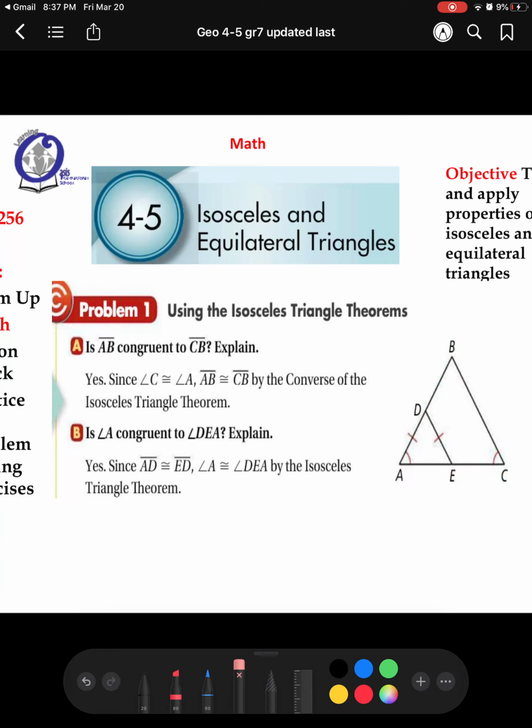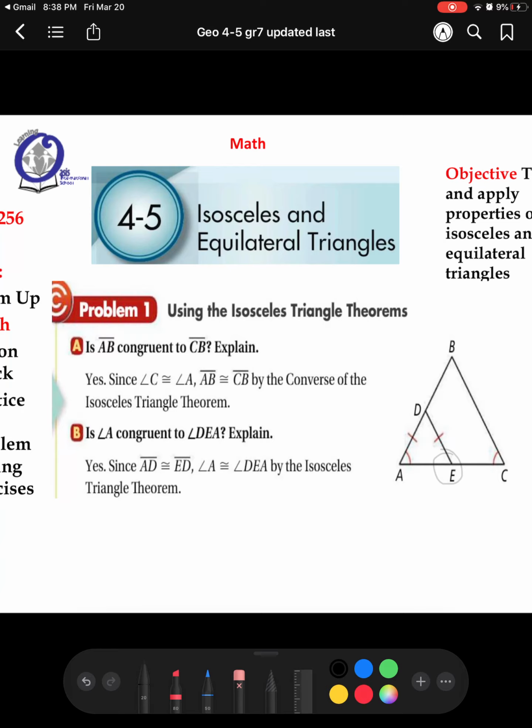Okay, let's go to B, and he will ask me about another triangle. Is angle A congruent to DEA? First of all, I need to make sure that you know where's the DEA. Here's the DEA, okay?